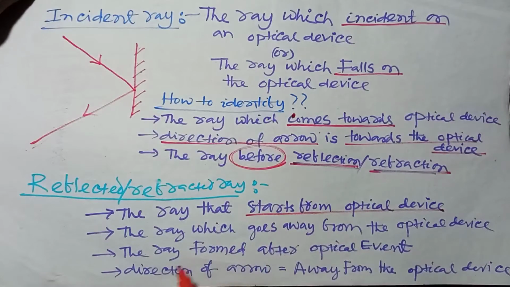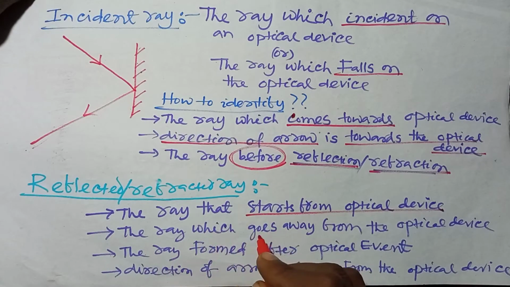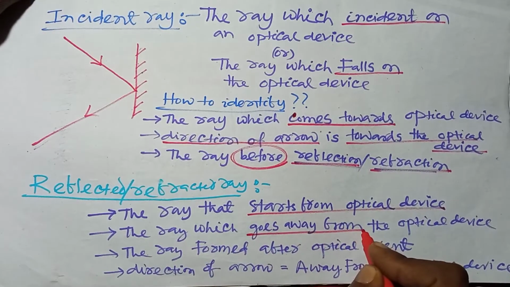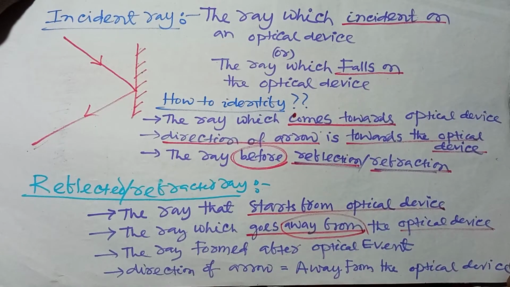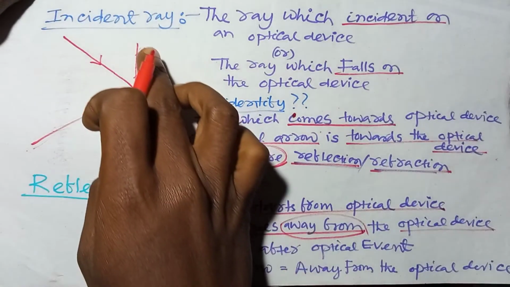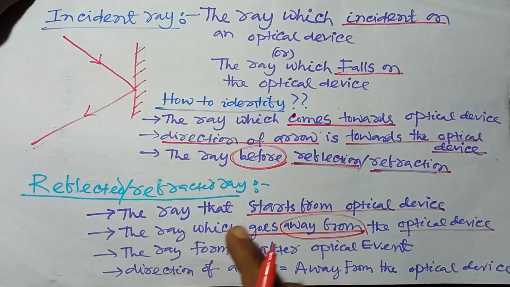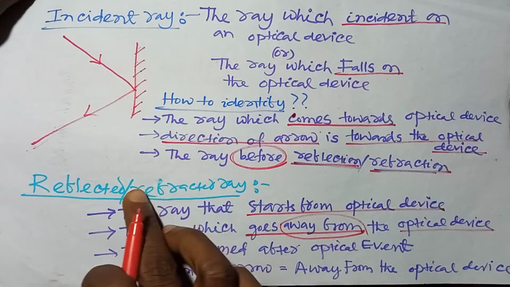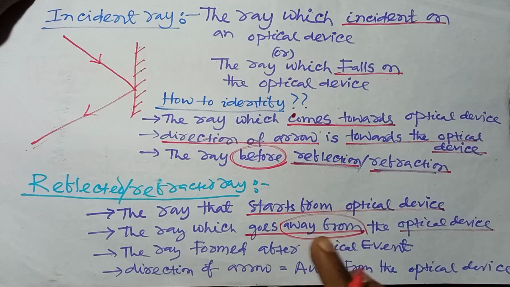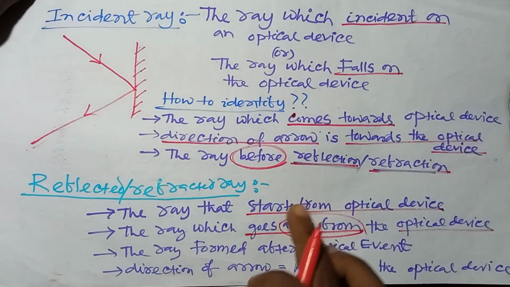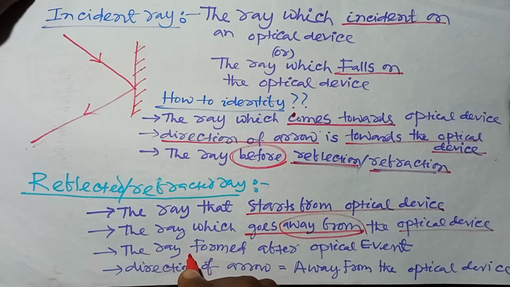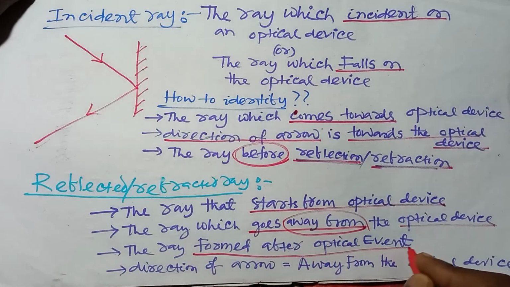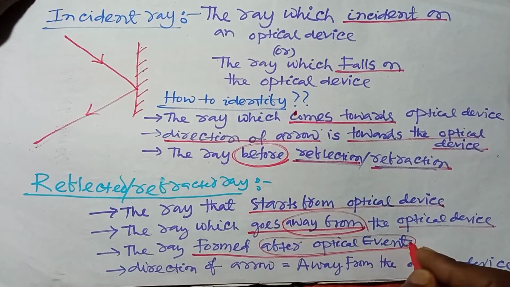The ray which goes away from the optical device we call the reflected ray or refracted ray. We can also say that it is the ray formed after the optical event.